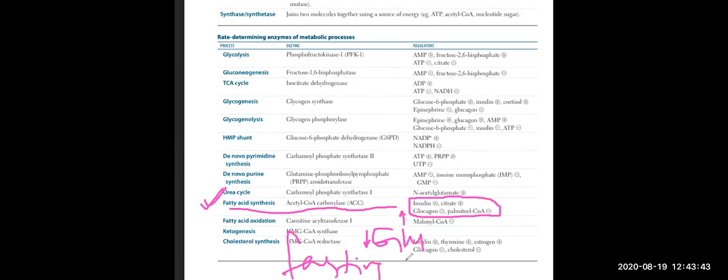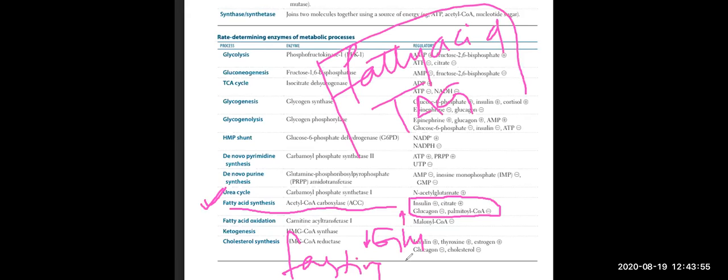You are in a fasting state. Now you need to synthesize fatty acids. What is the fatty acid, or you can say TAGs, your triglycerides? These are the shorter units of your fats, your huge fatty chains. You all might have studied regarding the 20, 30 carbon fatty chains.